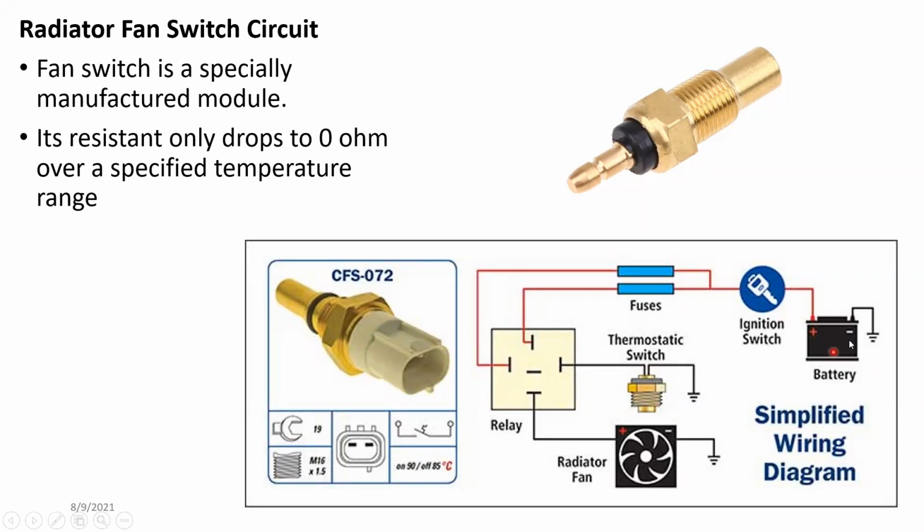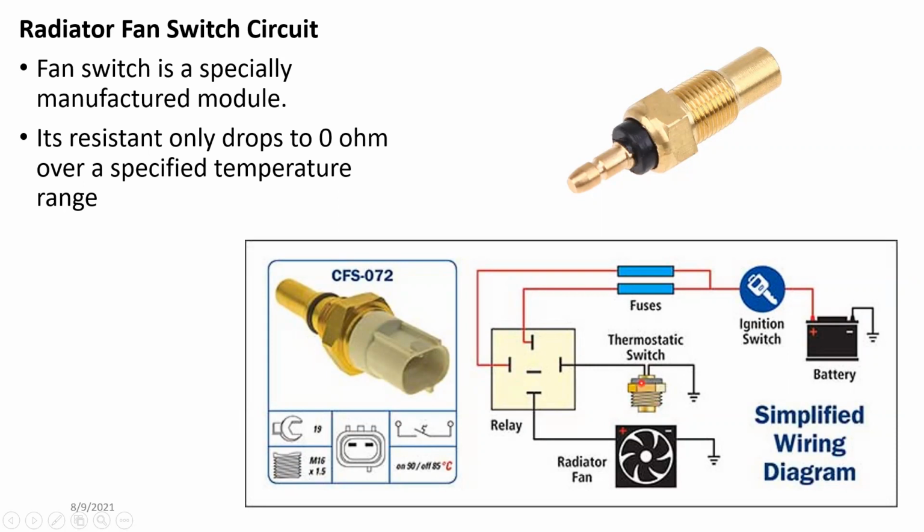So the basic circuit is here. Once the ignition switch is turned on, the power comes to these two circuits. Number one circuit goes through a fuse and comes back to a relay. One relay actually drives this thermostatic switch here. So the power comes through here and comes back up to there, and through that it comes to the thermostatic switch.